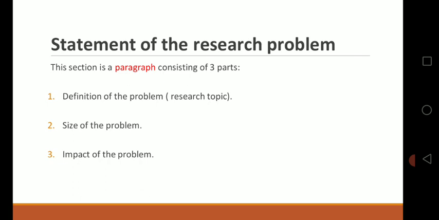Each statement of research problem should contain these 3 parts: the definition of your study or your problem, the size of this problem, and the impact of this problem. When we formulate these 3 parts, we compose a paragraph called the statement of research problem.